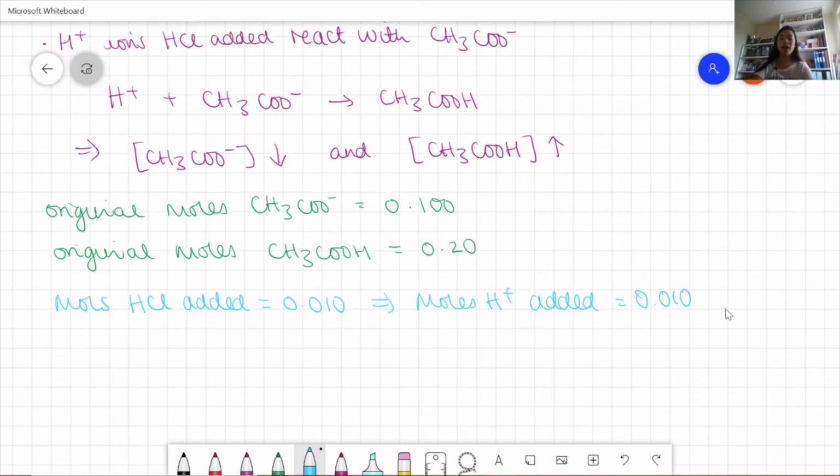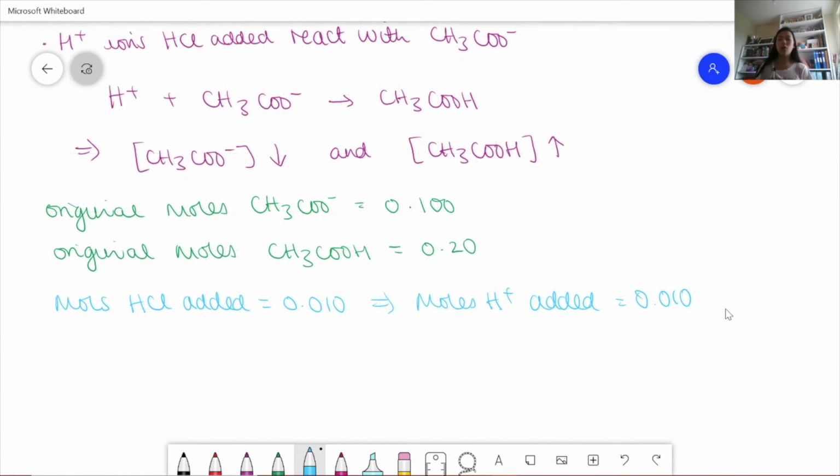And so now we look back at the logic that we looked at before of how the concentration of the ethanoate decreases and the concentration of ethanoic acid increases. And so we can work out the new moles of ethanoate and ethanoic acid. So we have that the new moles of ethanoate, we know that this has to decrease because the overall concentration decreases. And so we have the original moles, 0.100 minus the moles of H+ added, which is 0.010.